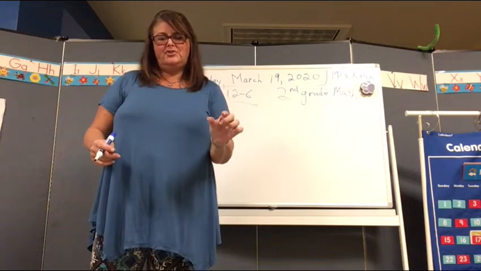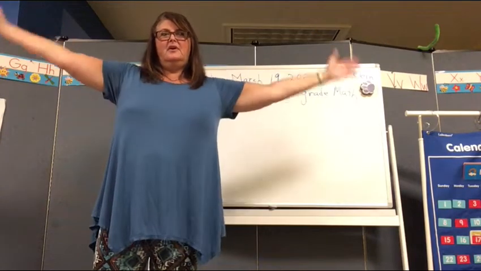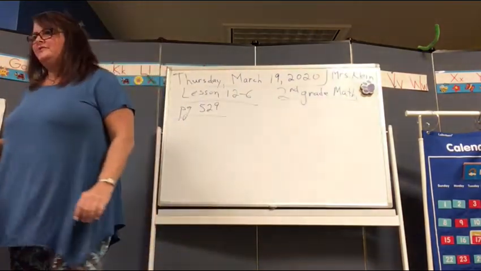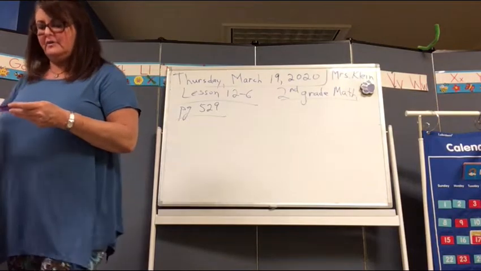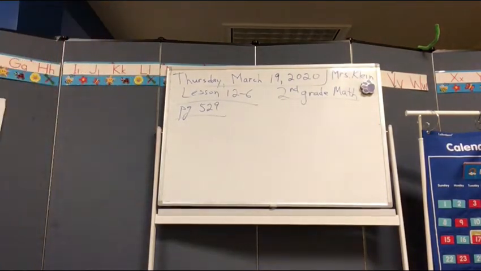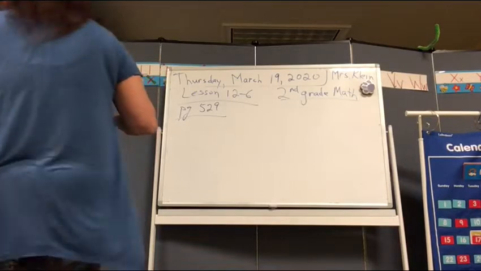Centimeters, inches, feet, yards. So let's find something that is about 3 centimeters. Let's see. Maybe a paper clip. A paper clip is 2 centimeters. A small paper clip is 2 centimeters.